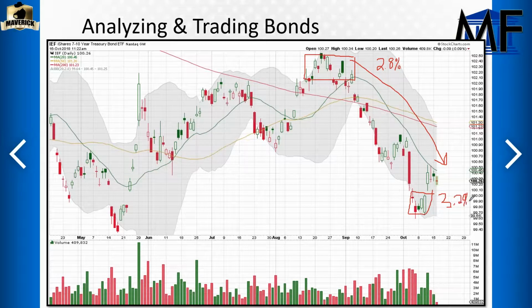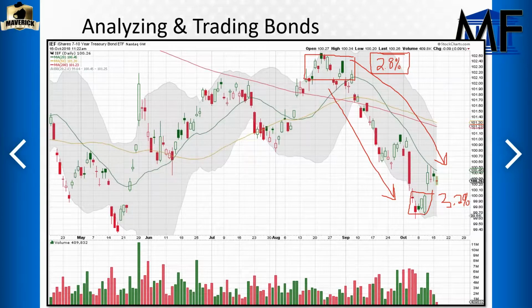So if I want to sell my bond, I have to sell it at a discount. My bond value has gone down. This is bond prices. It's gone down because new bonds are yielding 3.2, and I bought mine up here with a 2.8% yield. So you can see that inverse relationship, right?